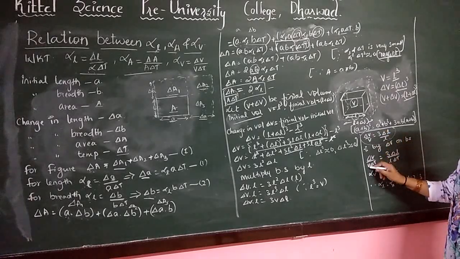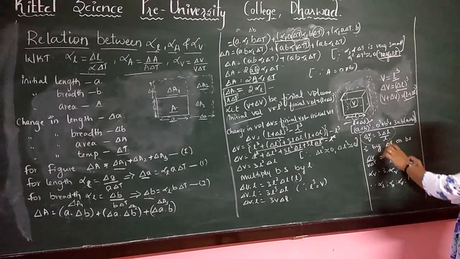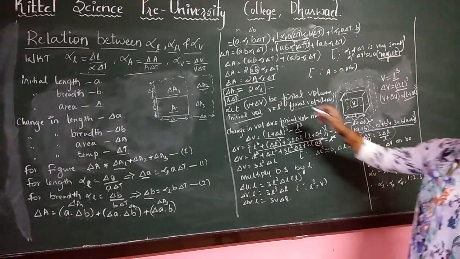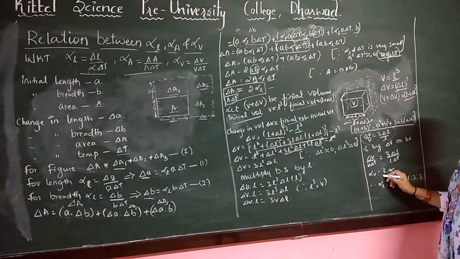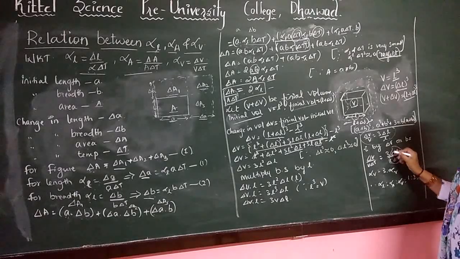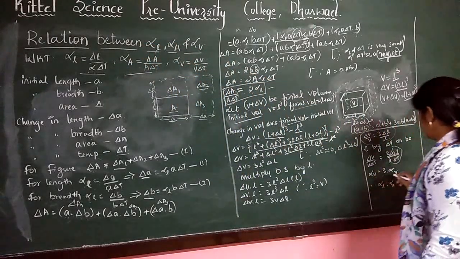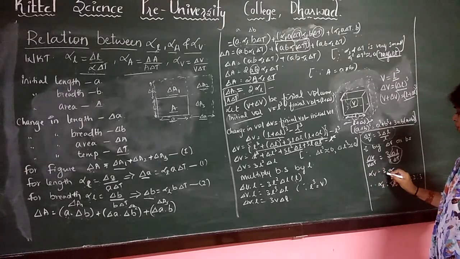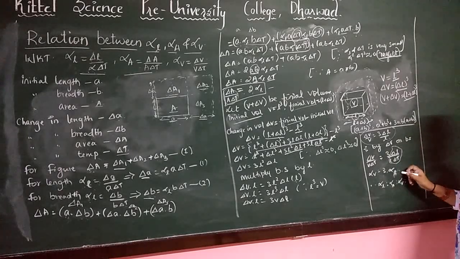So delta V by V into delta T is equal to 3 delta L divided by L into delta T. Delta V by V delta T is nothing but the coefficient of volume expansion, alpha V, which is equal to 3 times delta L by L delta T. Delta L by L delta T is nothing but alpha L. So alpha V is equal to 3 times the coefficient of linear expansion.